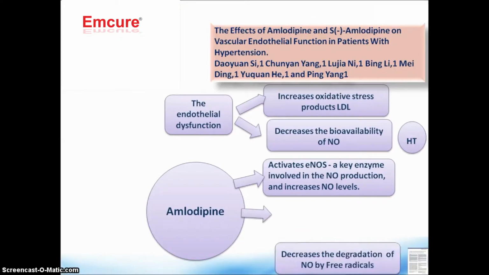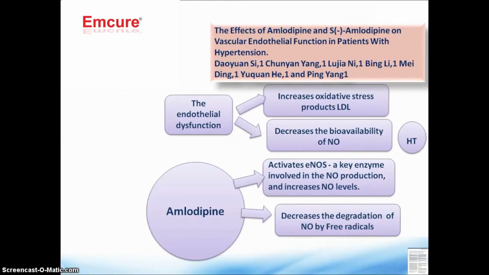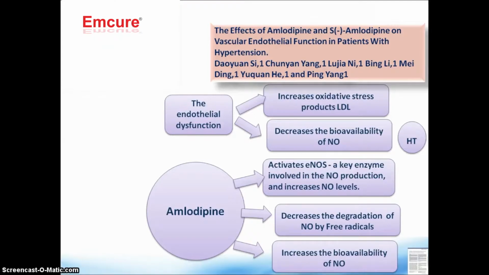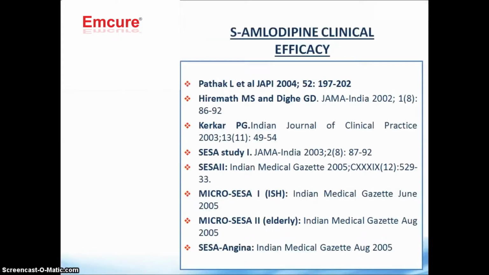Then what does this enzyme do? It decreases the degradation of nitric oxide by the free radicals, and lastly, it increases the bioavailability of NO, which reduces your blood pressure.